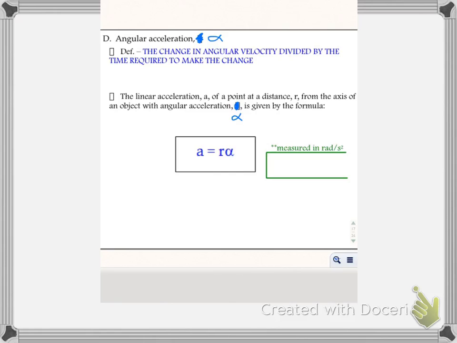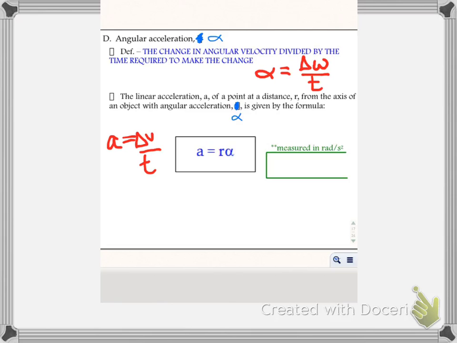Before, we had said that acceleration was change in velocity over time. Well, the definition for angular acceleration is pretty much going to be the same thing. We're going to replace our regular a with alpha. It's the Greek a, and that lets you know that something's spinning in a circle. And you should know by now that change is going to be delta, and angular velocity is that curvy little w called omega, and then divide by time.